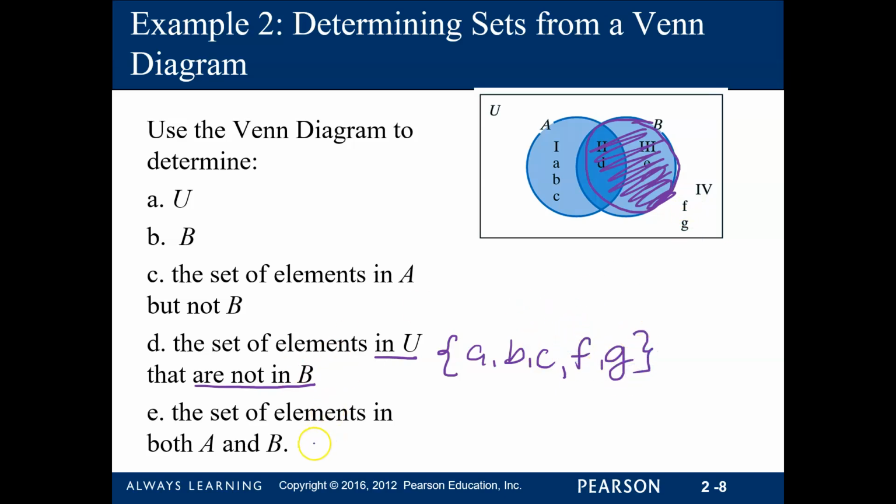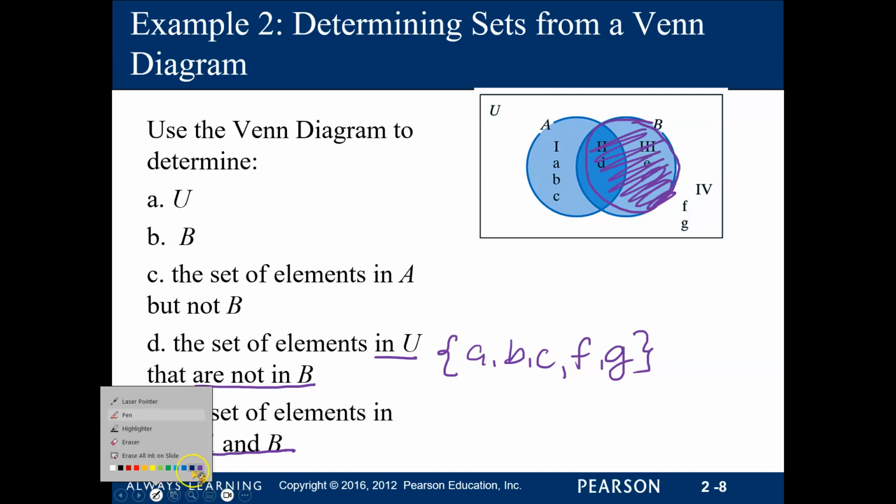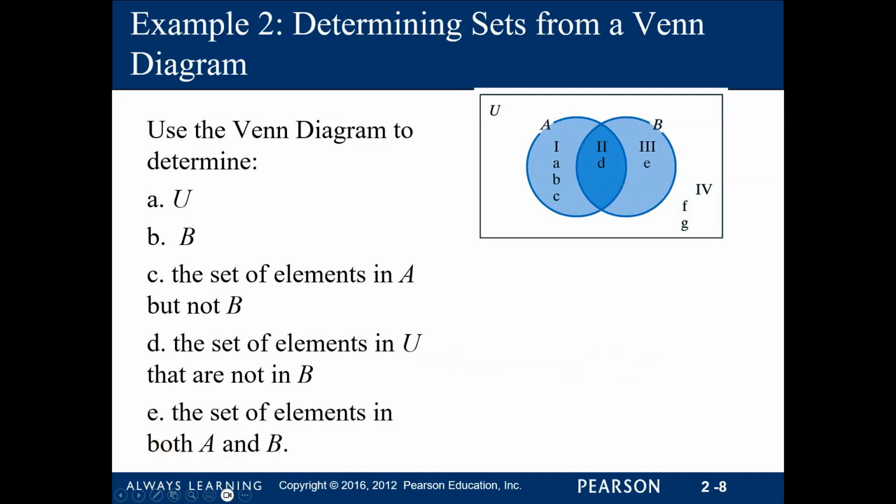All right. So next thing, the set of elements in both A and B. Both A and B. So let me just erase this one here. So for this one, the elements that we're talking about must be found inside A and B. And so we are basically pertaining to the overlap.